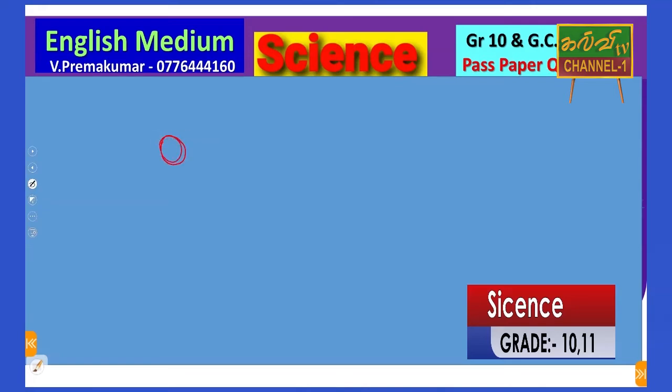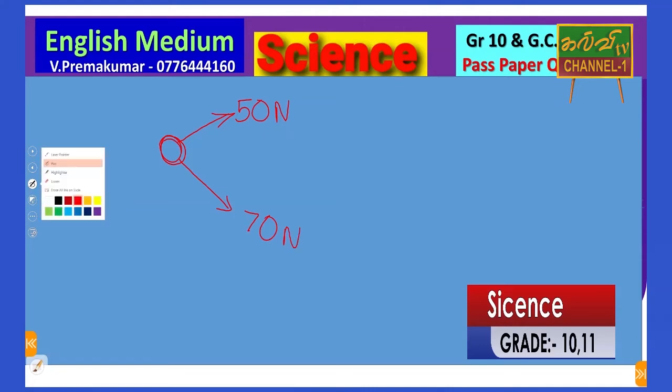Say this is a ring, right. One force is here, say 50 Newton. Another force used here is 70 Newton. Actually, when they give the force, it will move towards the highest one, like this, not halfway.